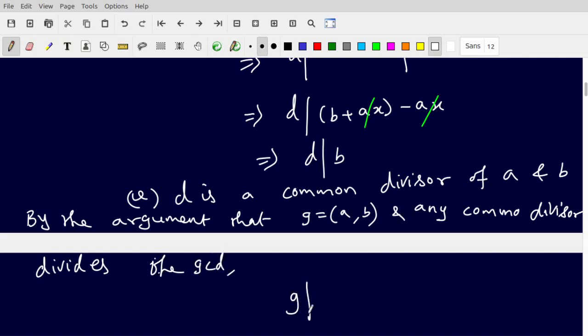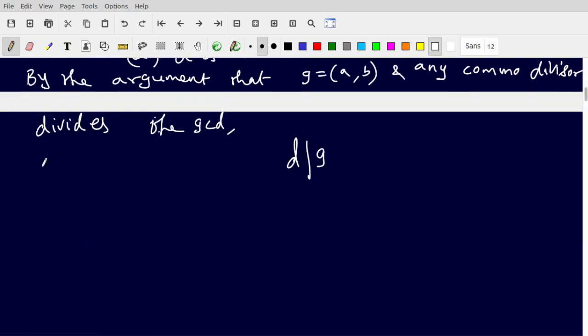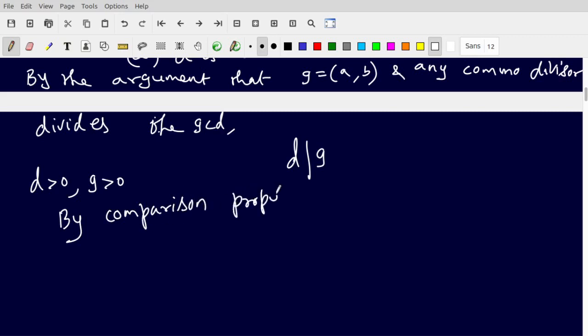So D is a common divisor, and D divides G. Once again, using the positiveness of D and G with the comparison property, we write D less than or equal to G. This is equation 2.